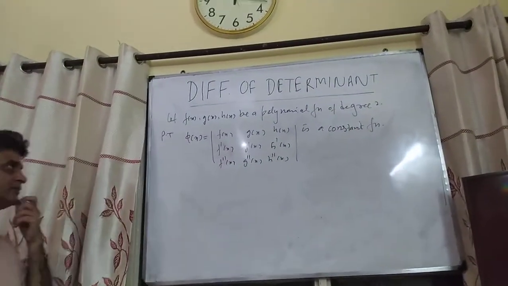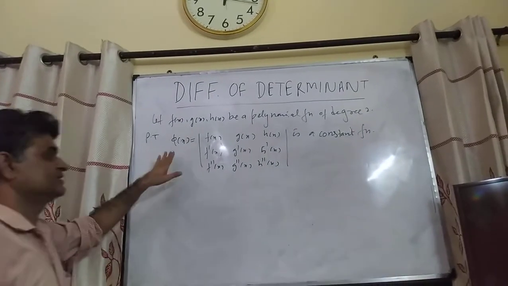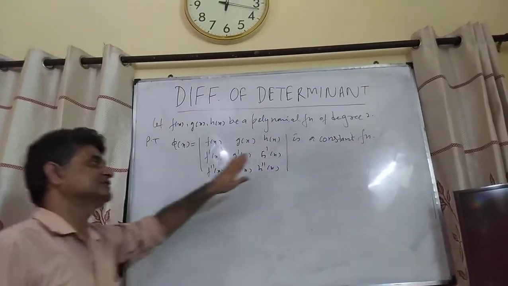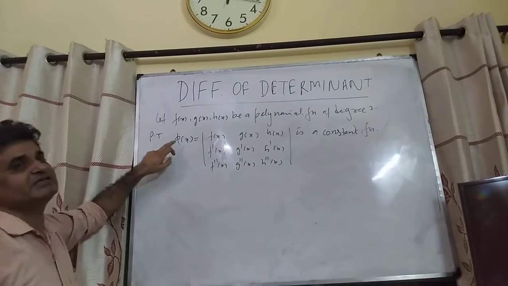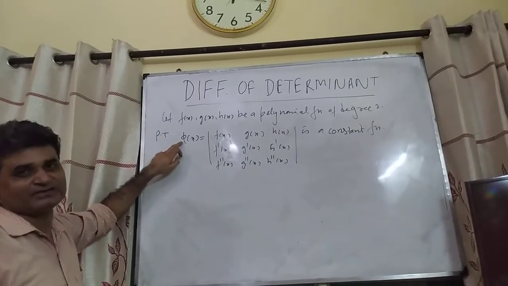That you have to prove. Since we have to prove that it is a constant function, it means we have to show that the differentiation of φ(x), that is φ′(x), equals 0.